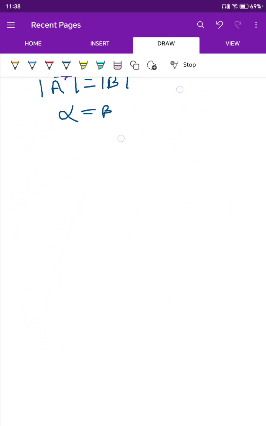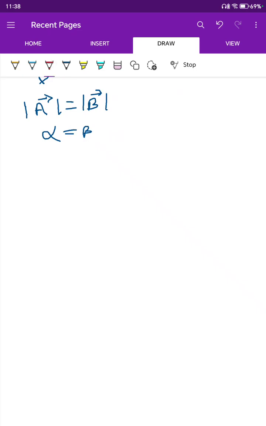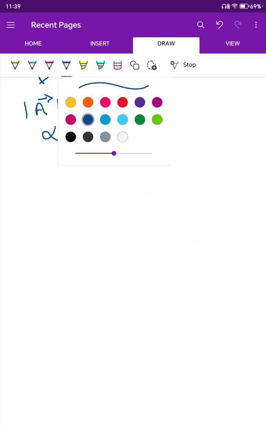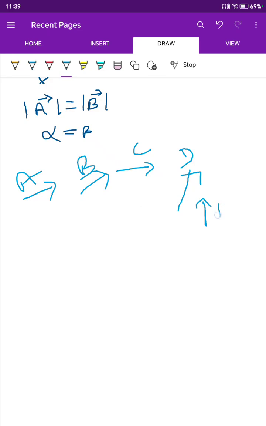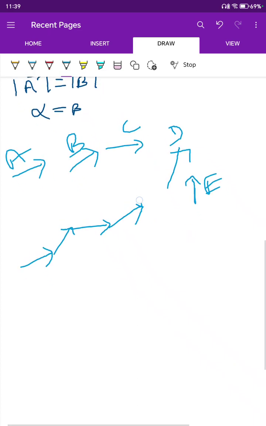Okay, next we'll take the polygon law. Let's see what the polygon law says. If you have multiple vectors like a, b, c, d, e, all are vectors, then just simply join all these vectors: a vector, then b vector, then c vector, then d vector, then e vector.